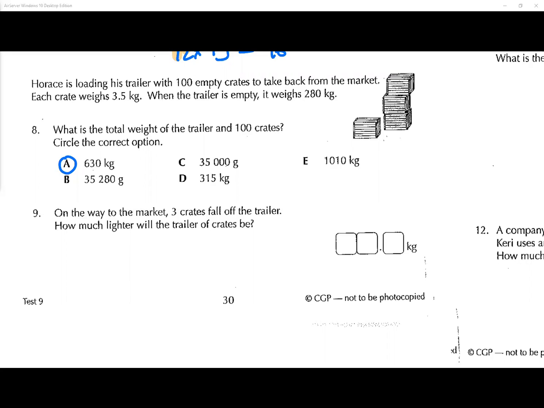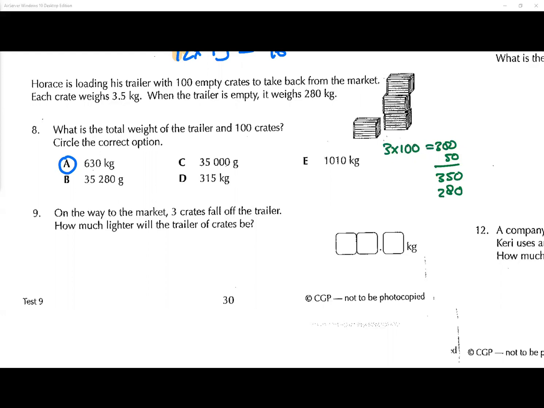And then I did the 500 grams times by 100 as well, and then I think I got 50 kilograms for that. So then I added it together, and it's 350. Then I added on the extra 280 from the trailer.